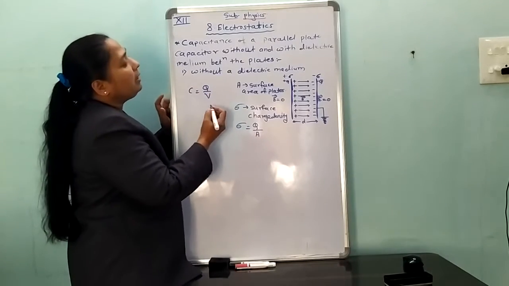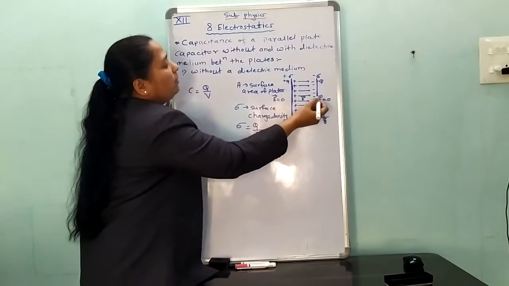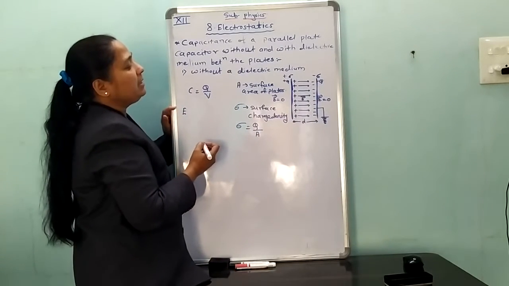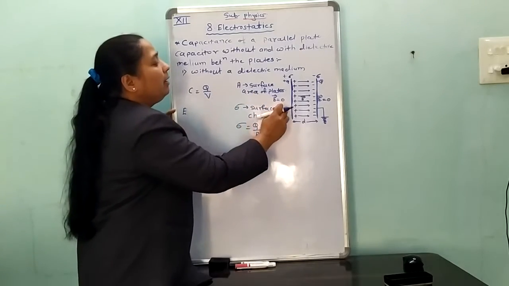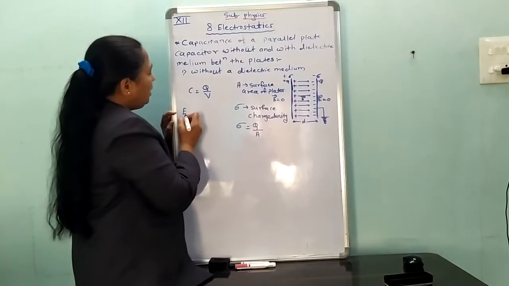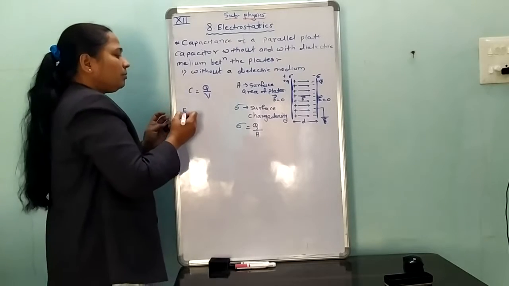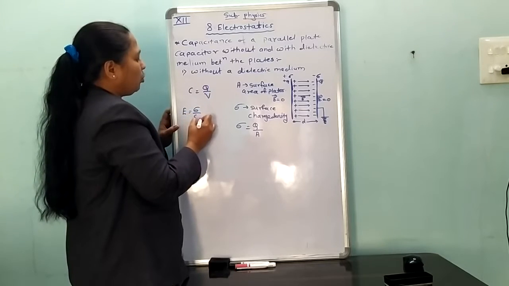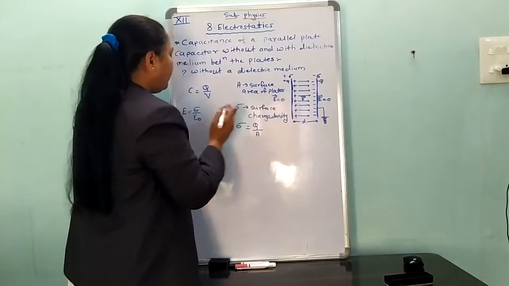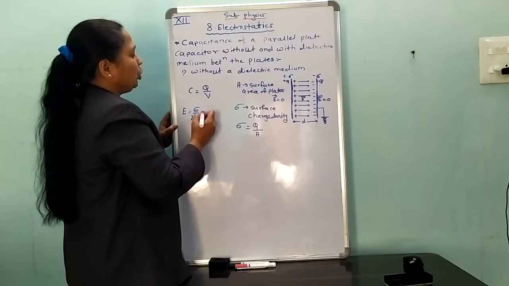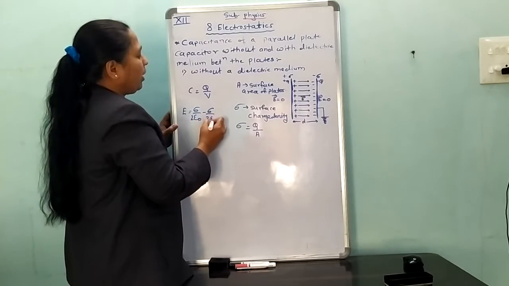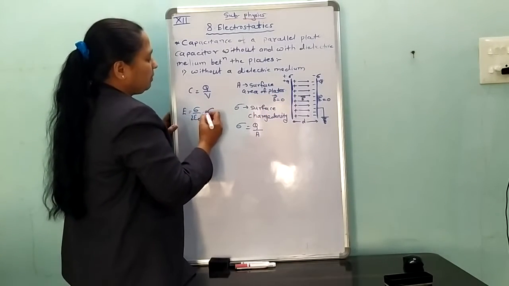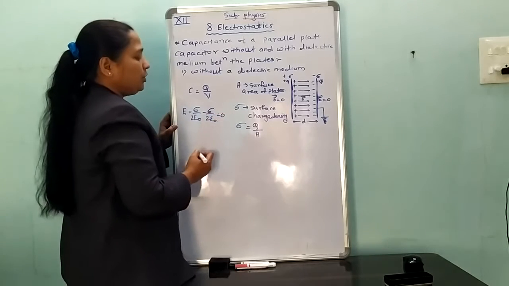But here, the electric field intensity outside the charged parallel plates is E equal to sigma upon 2 epsilon 0 minus sigma upon 2 epsilon 0, which is 0.